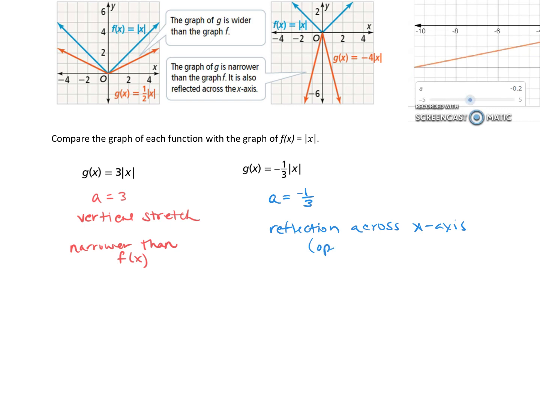That also means that our V is going to open down. Because that number is between, if I took away the negative, because that's our reflection, and I'm looking at the 1/3, that's between 0 and 1, so that's going to be a vertical compression. And a vertical compression is going to make the V wider than f of x.